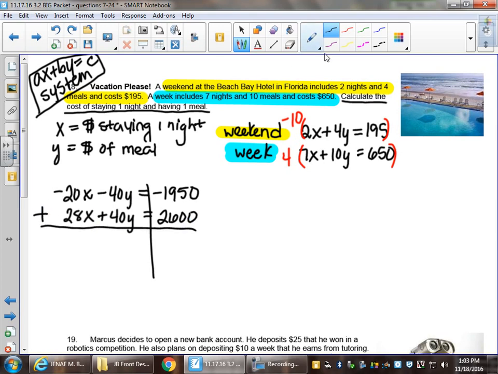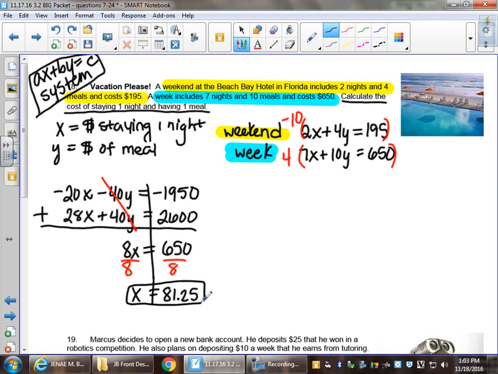Negative 40y and positive 40y cancel. Now we have negative 20x plus 28x is 8x equals, in the calculator, 2,600 minus 1950. I get a positive 650. I'm ready to divide both sides by 8. 650 divided by 8 is 81.25.